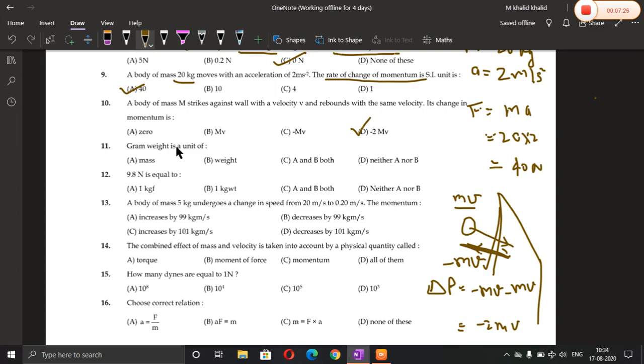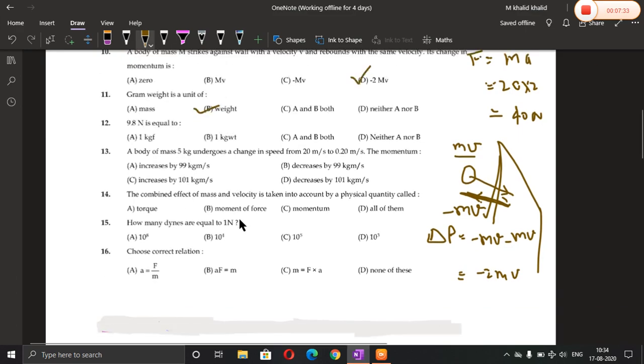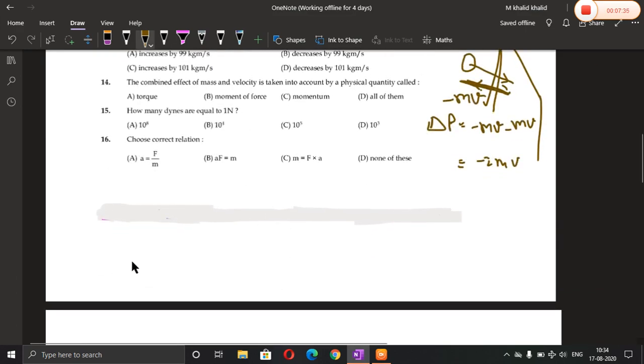Now gram weight is a unit of weight. 9.8 Newton is equal to, let us see. There is another unit of force known as kilogram force or simply kilogram weight. So what is kilogram force?